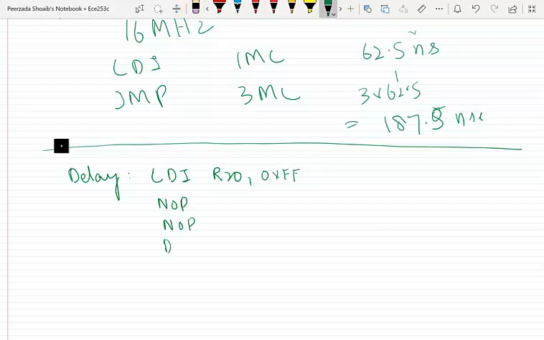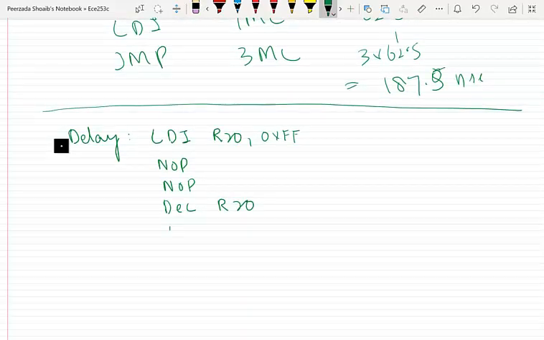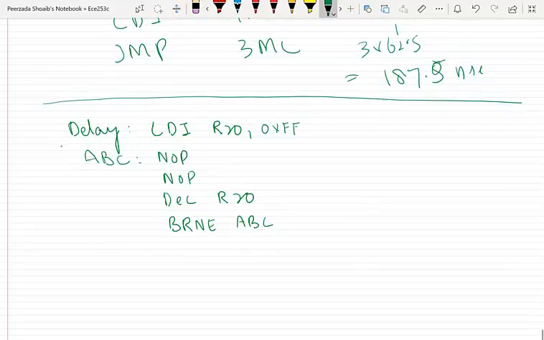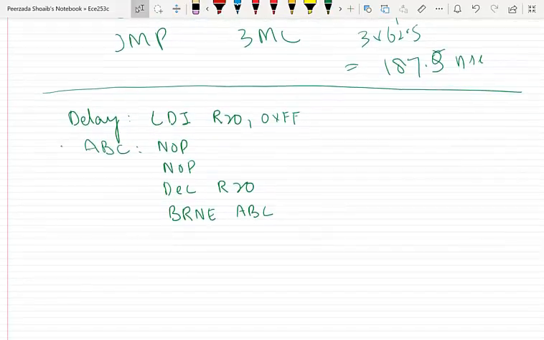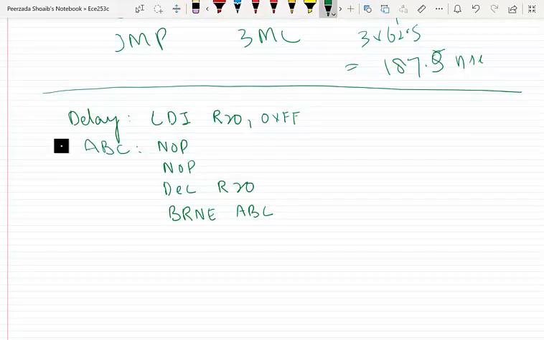Then I'm decrementing this R20 and checking if it has reached 0, BRNE. If it's not equal to 0, I will branch to NOP. And once it has reached 0, it won't branch, but the next instruction will be executed, and the next instruction will be return.